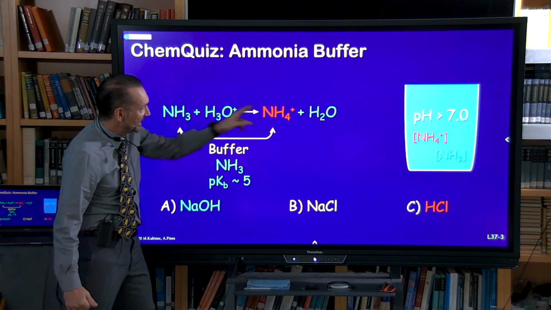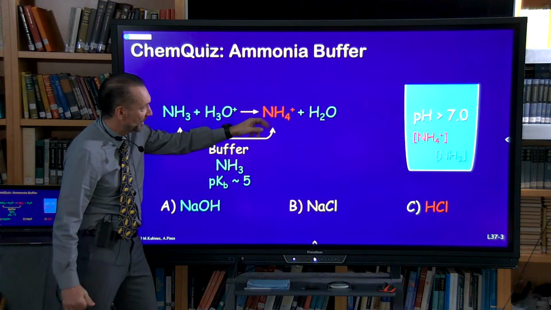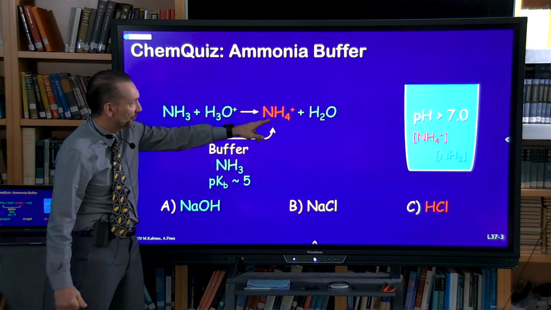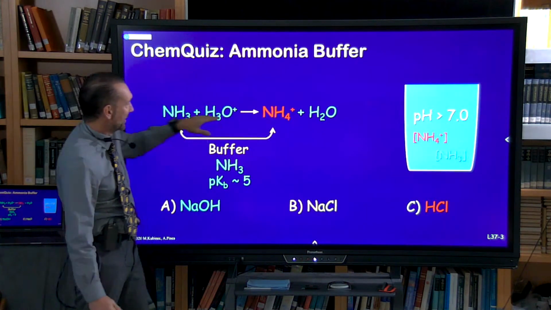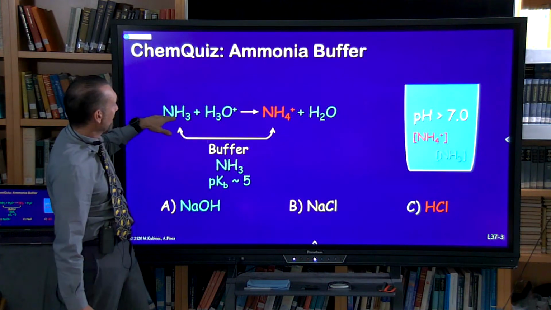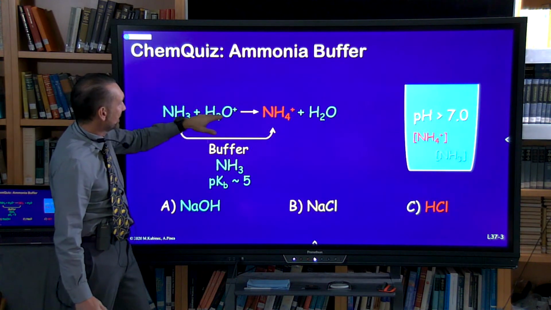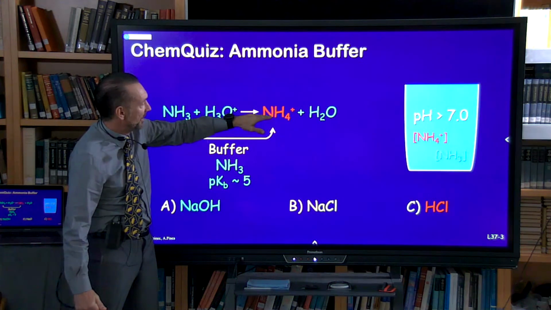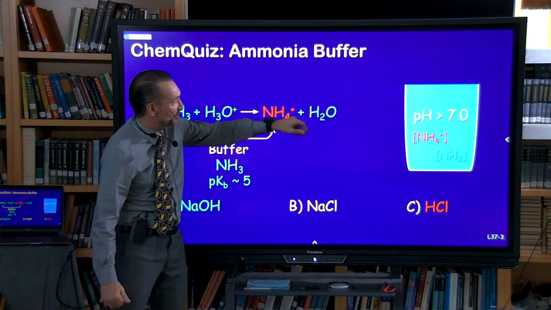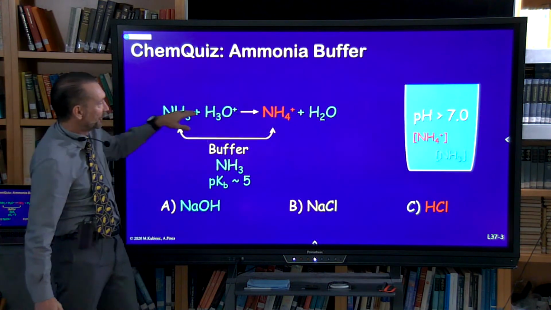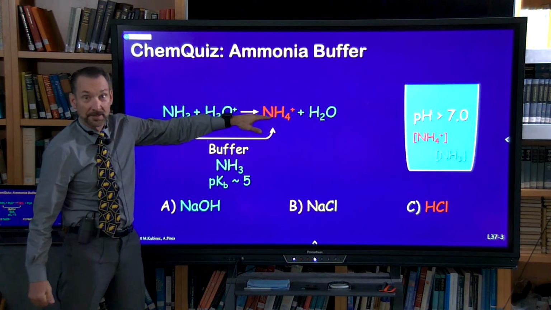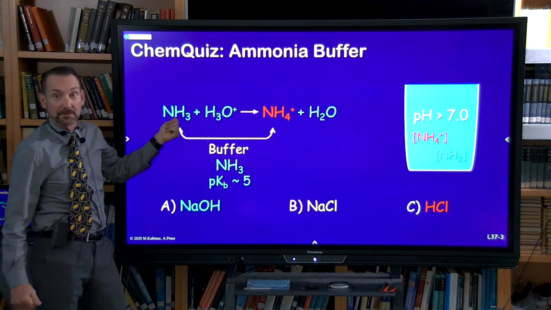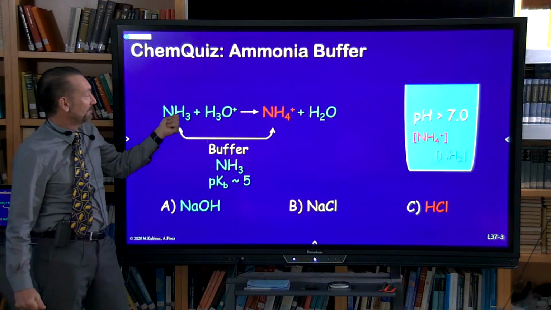I need to get equal concentrations of these two. And when I have equal concentrations of those two, you notice I've written this as NH3 plus H3O+ going to NH4+ and H2O. That's the reverse of the weak acid reaction. It's not even the weak base reaction.